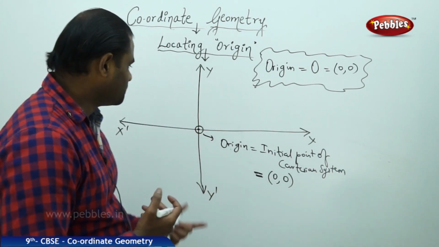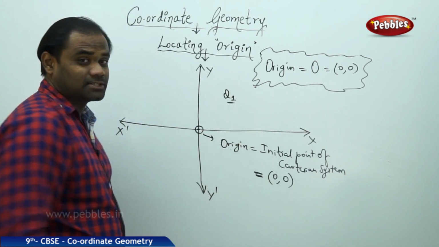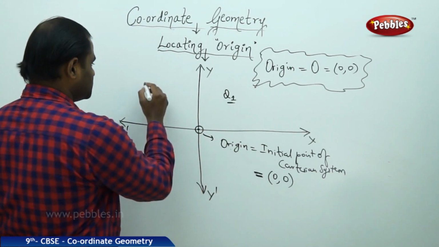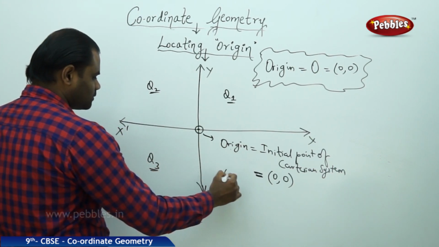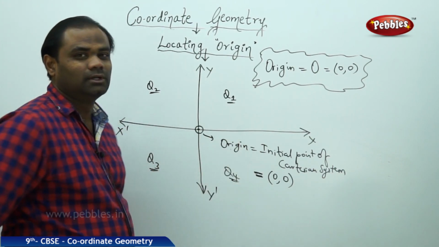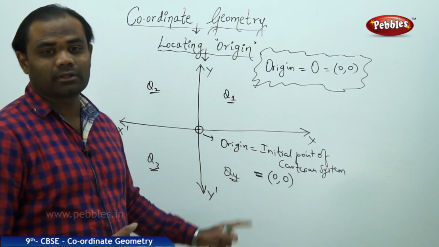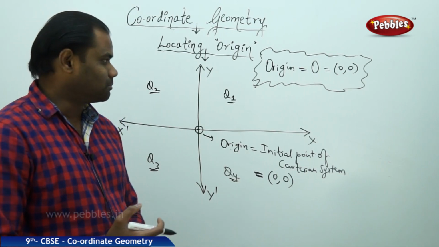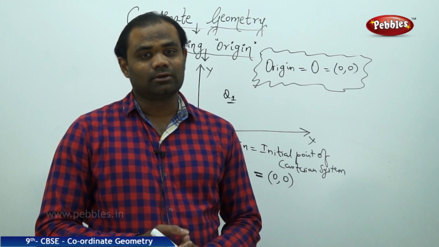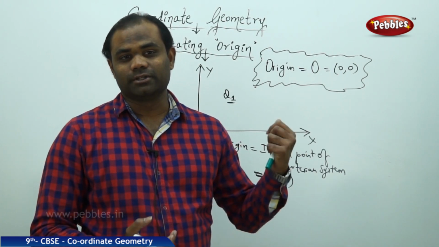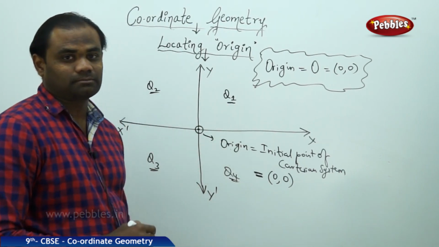As we see here, we have the first quadrant out here. As discussed in previous sessions, I have quadrant 2 here, quadrant 3 and quadrant 4, which lie in each of the regions Q1, Q2, Q3 and Q4. Now comes the biggest question: which quadrant does origin lie in?